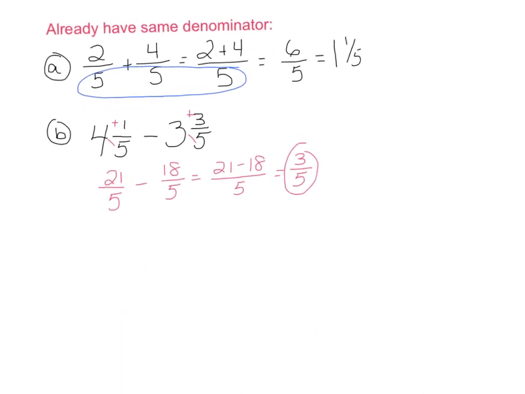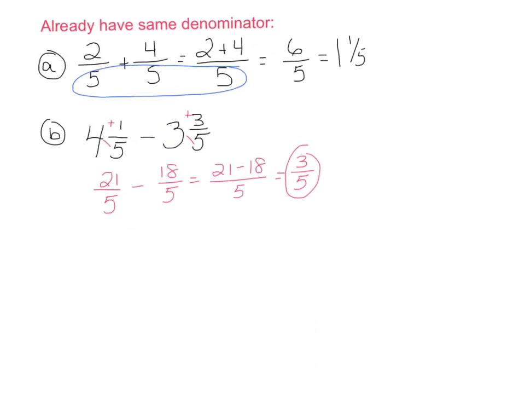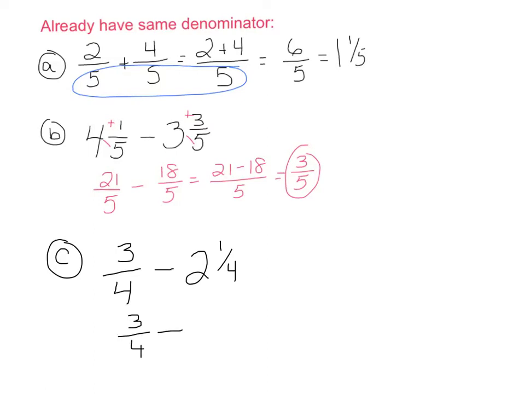One thing to keep in mind, now that we've looked at integers, is that integers can apply to fractions as well. So let's take a situation where we have 3/4 and I want to subtract 2 and 1/4. If I use the process in B, I get 3/4 minus, if I do 2 times 4, I get 8, plus 1 is 9, so I have 9/4.